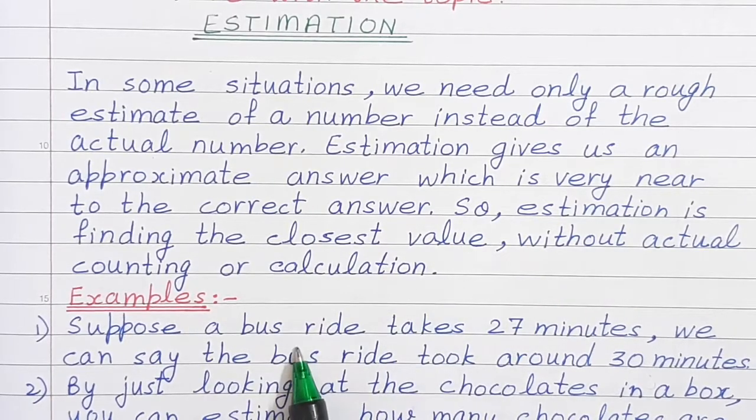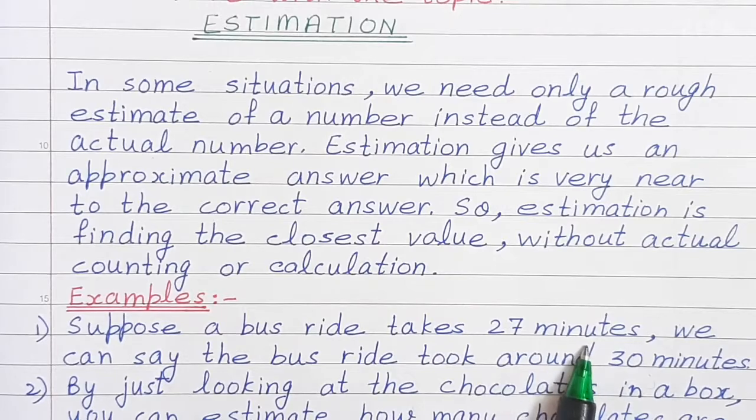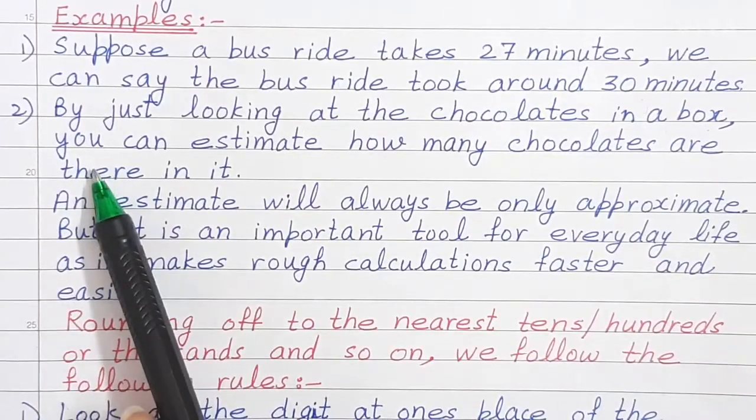Now let us discuss an example. Suppose a bus ride takes 27 minutes. We can say that the bus ride took around 30 minutes. So we have just rounded off the minutes. Clear? Now see the second example.